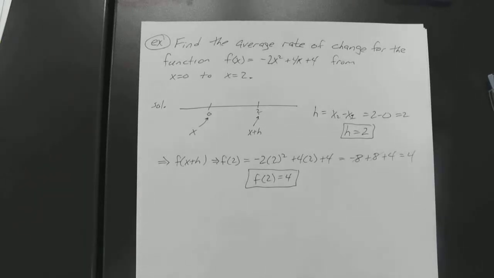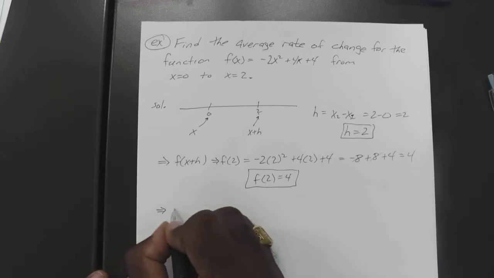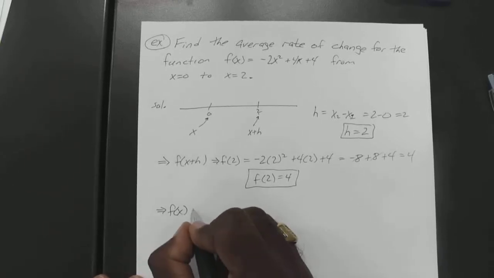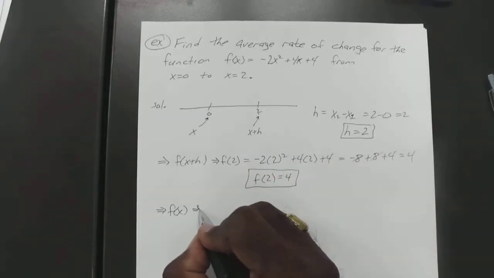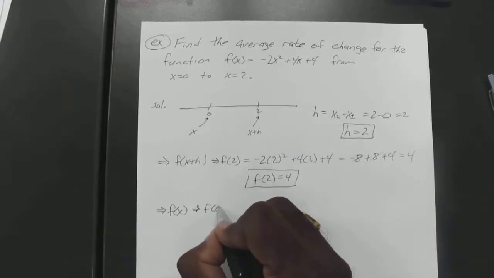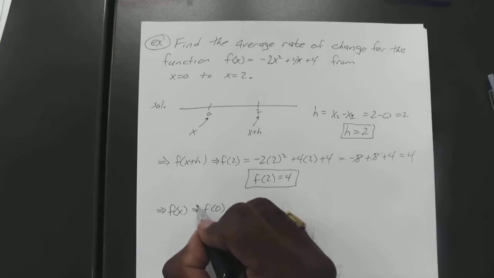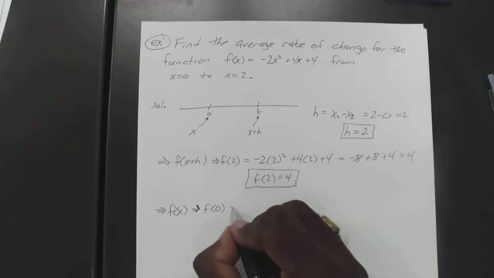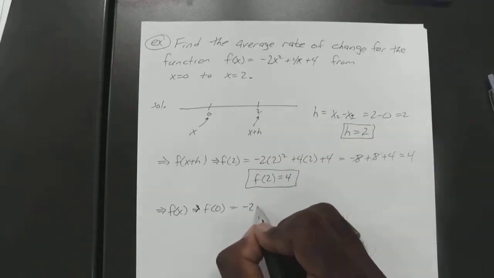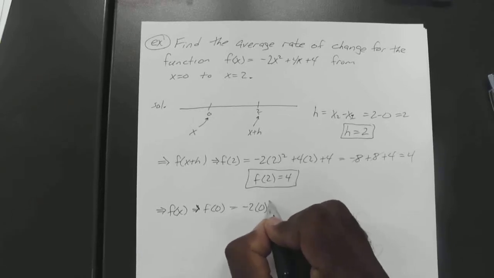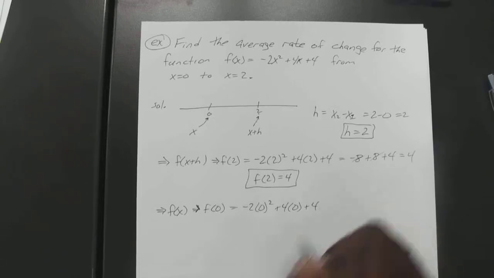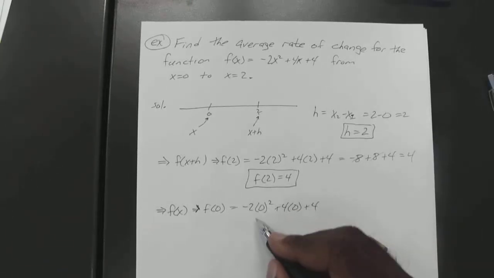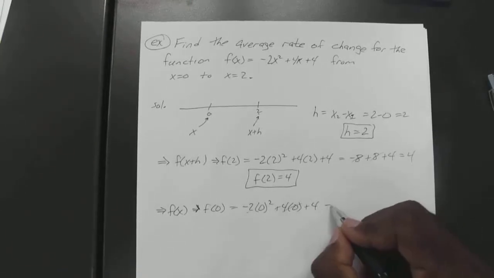All right. So to find our f of x, we know our x is equal to 0, so that's just f of 0. Okay, so f of 0 is just negative 2 times 0 squared plus 4 times 0 plus 4, which those just disappear, so we end up with 4.